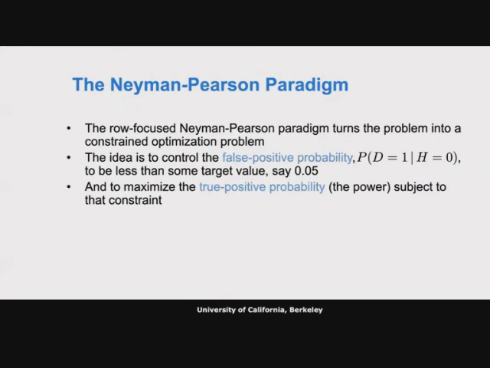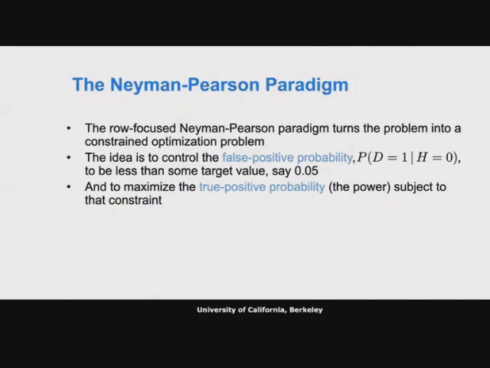Well, their idea was to take one of the 2 quantities and constrain it to be below a certain level, maybe 0.05 or 0.01 or some number. And then, subject to that, maximize the other quantity. So if I wanted to control 1 minus specificity below some level, then I could maximize the sensitivity, or vice versa.